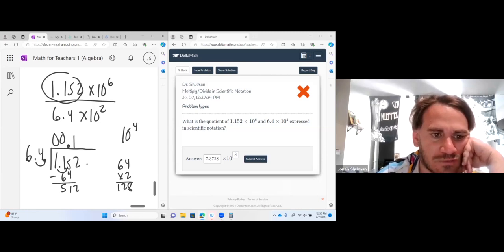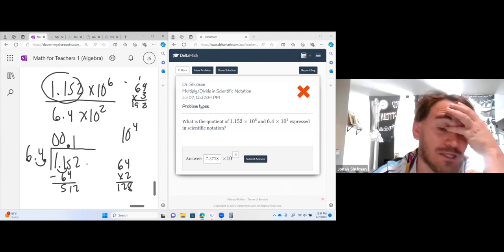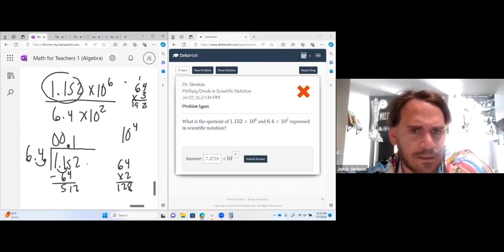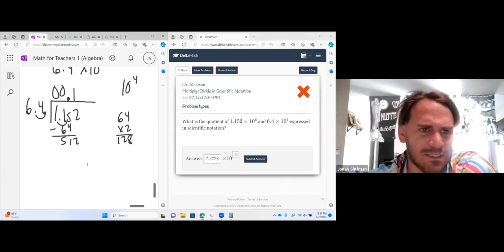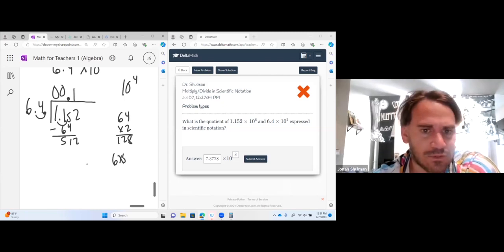How many times does 64 go into 512? Let's see. Is it times 3? That's 2, carry the 1. 6 times 3 is 18, 192. So it's not that. The good way to think about it is 6 times what gives you 50? 6 times 5 is 30.